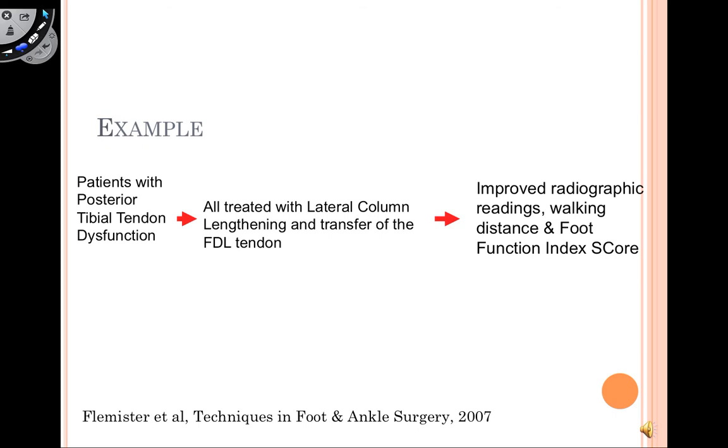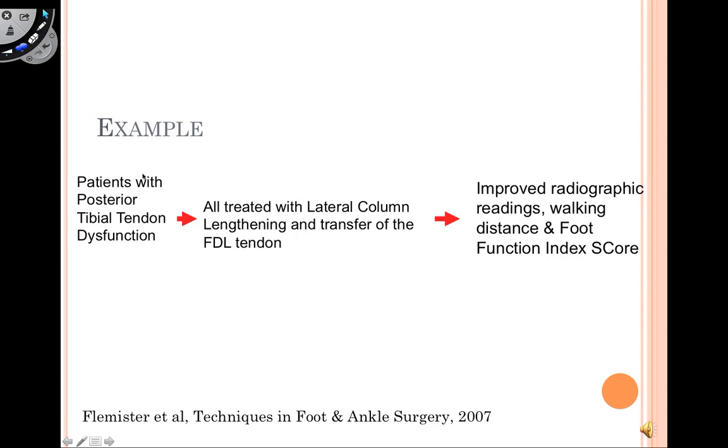And then here's another example. This is an example related to orthopedics, where we have patients with posterior tibial tendon dysfunction, which is a fairly rare kind of problem that patients have in the medial side of their ankle. The treatment would be a lateral column lengthening with transfer of the FDL tendon. So it's fairly aggressive treatment, and relatively new and involved.